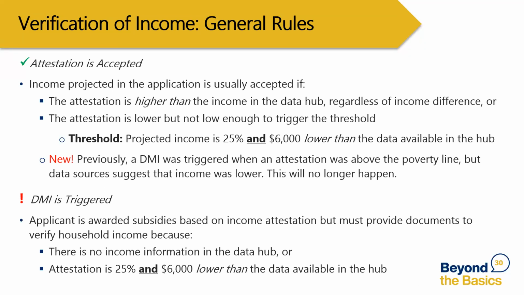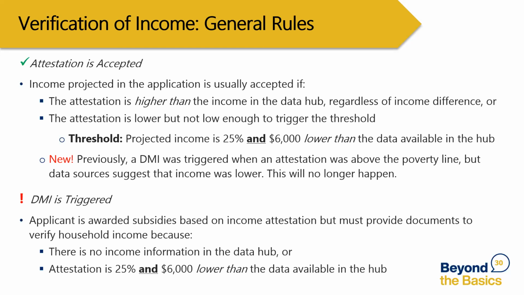And they don't mind if you take less, they just don't want you to take more. Or the attestation can be lower, but not low enough to trigger the threshold. And the threshold is tricky, it's a little complicated. The threshold is when the projected income is 25% and $6,000 lower than the data available in the hub. So again, the attestation can be lower, but it can't be substantially lower. And that substantially lower is the 25% and $6,000 lower.